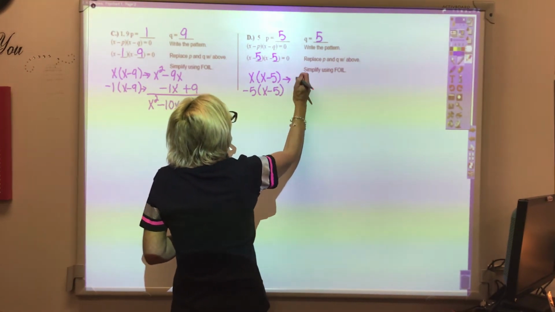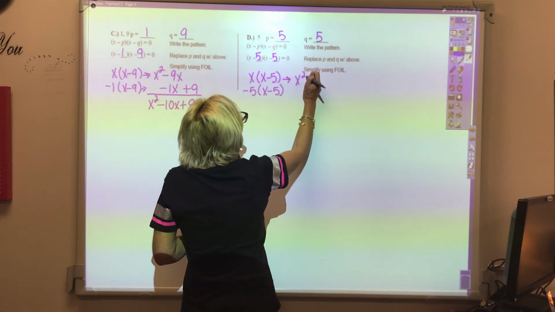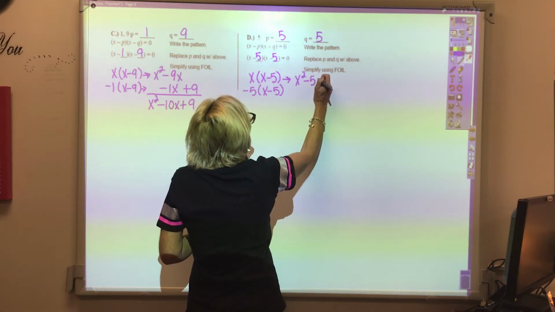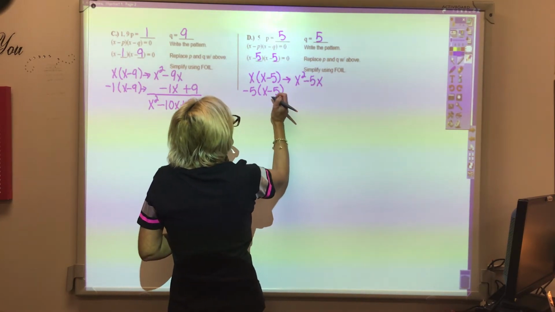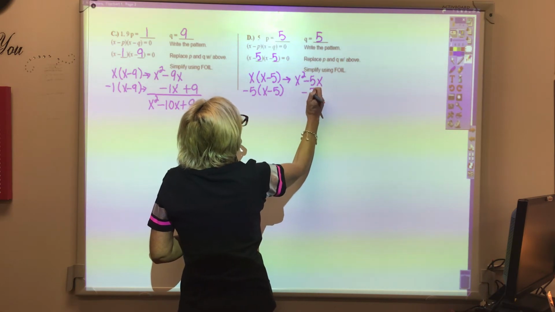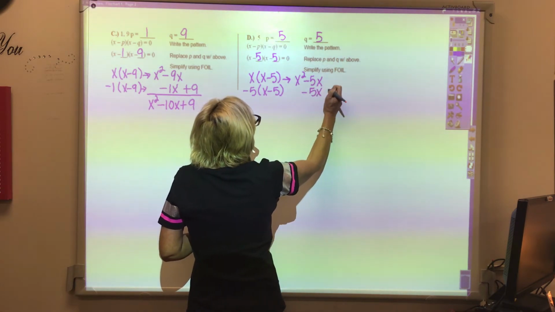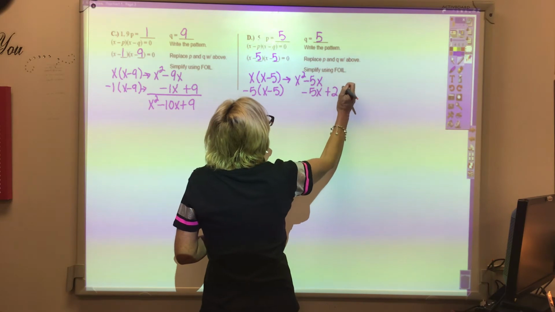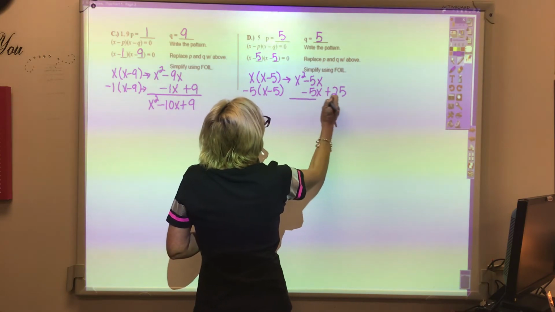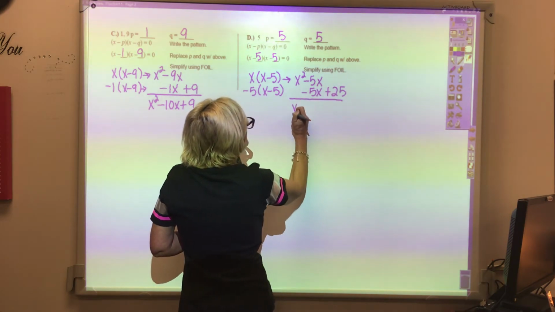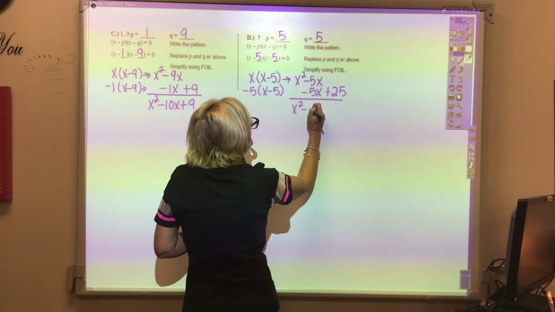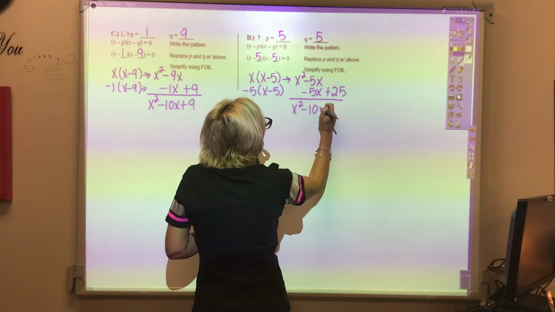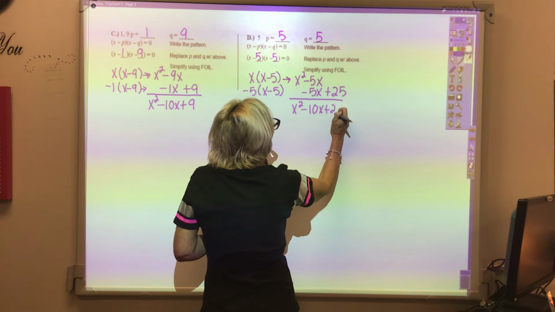And we'll have x squared minus 5x. Go down to the second line, we'll have a negative 5x plus a 25. And we'll have x squared minus 10x plus 25.